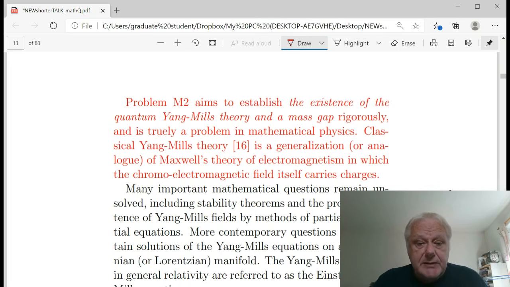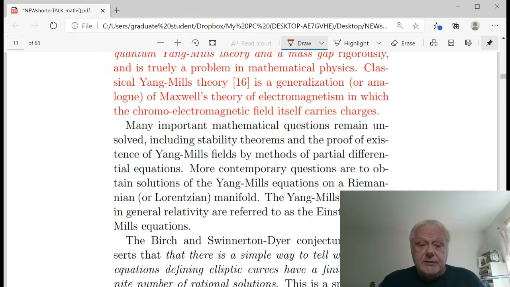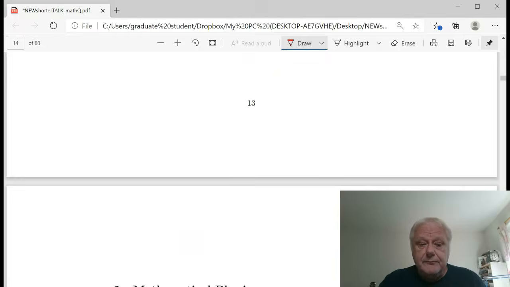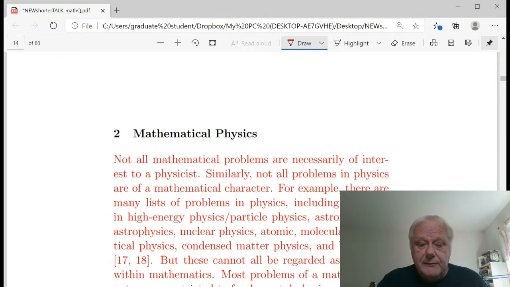So this is basically looking at something like Yang-Mills theory or Maxwell's theory of electromagnetism, and asking questions about the well-posedness of the differential equations. Here's a little comment about what the mass gap problem is itself, but basically it's the field of studying the differential equations in Einstein, in Yang-Mills, or in Maxwell theory. I'll stop there for the time being.